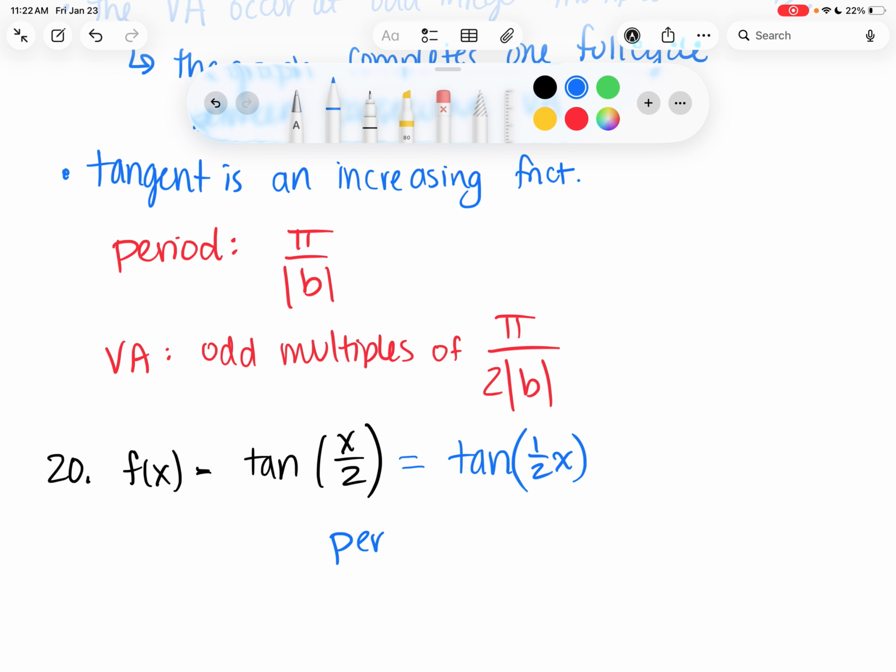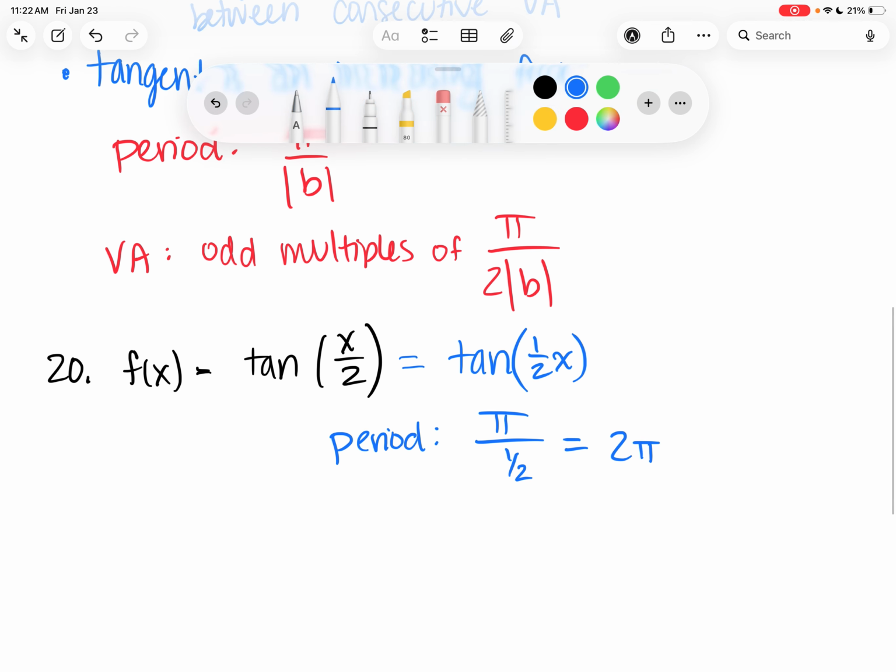So the period for it would be pi over 1/2, which would be 2 pi. And then vertical asymptotes, we've got pi over 2 times the absolute value of 1/2. So the vertical asymptotes are at odd multiples of pi for this one.